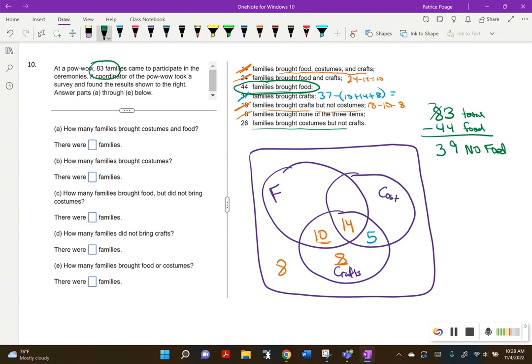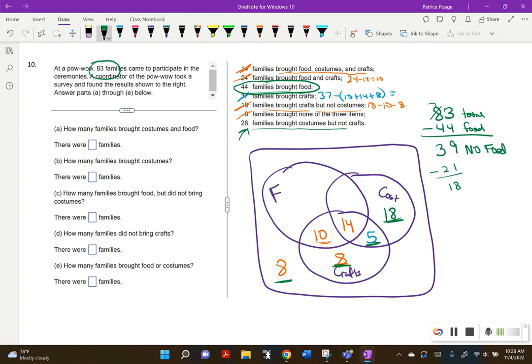Cover up the food circle completely, and these numbers that are left should add up to 39. All of these people did not bring food. So right now, 8 plus 8 plus 5 adds up to 21. So if we subtract, we're going to get 18 people right here, and that will make 39 who did not bring food. Now we can answer this one.